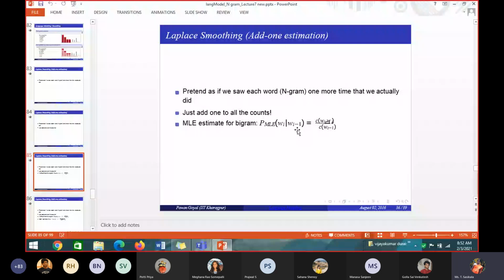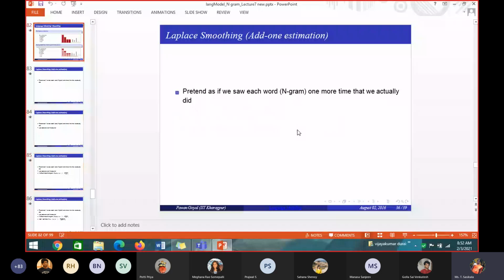The maximum likelihood estimate is the count of WI minus 1, comma WI, divided by the count of WI minus 1. This formula we have already seen. See here, I will show you again; we have seen some examples also.